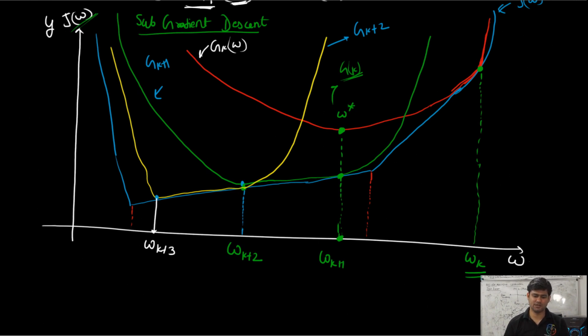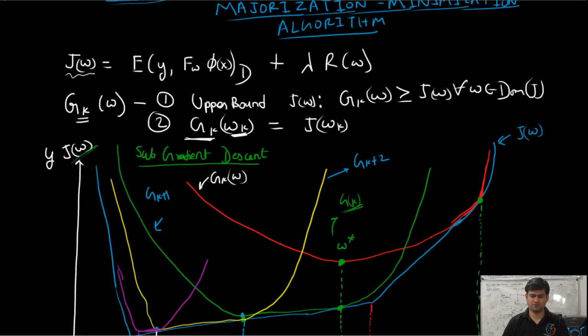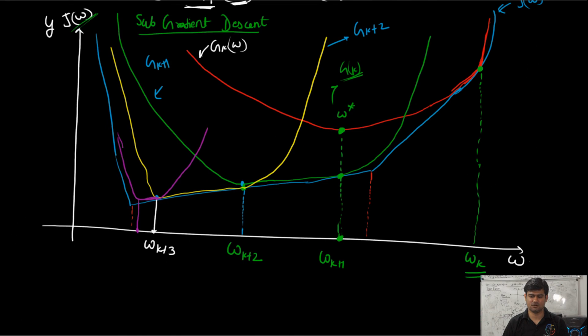At this point, we'll select another loss function gk plus 3, with the same value as g of w at this point. So we can see the new estimate would be somewhere over here. So we repeat this process until convergence. So this is what we do in the majorization minimization algorithm.